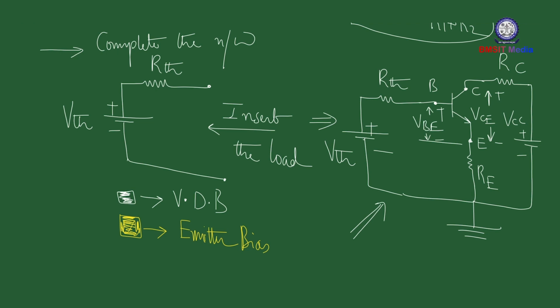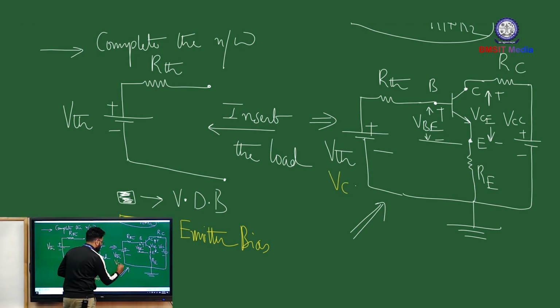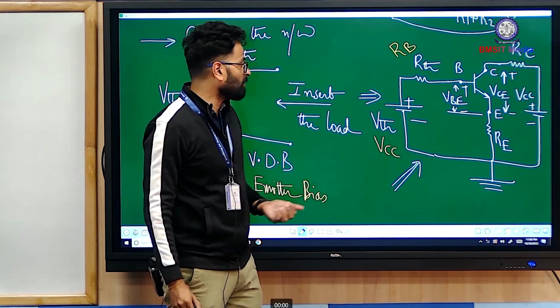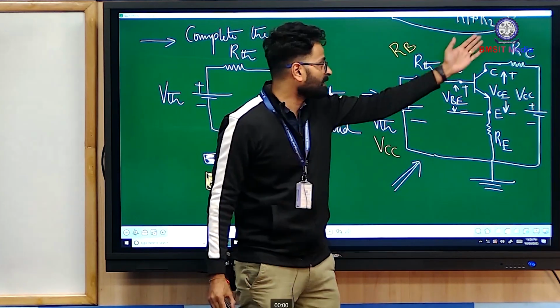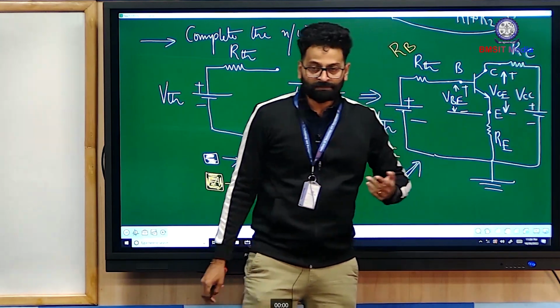See, my aim is to make you understand the similarities between emitter and voltage divider bias. In case of emitter bias, on the input side you had VCC. In place of RTH you had RB, right? That's it. Rest all the same. There was emitter resistor, there was collector resistor, and there was VCC.